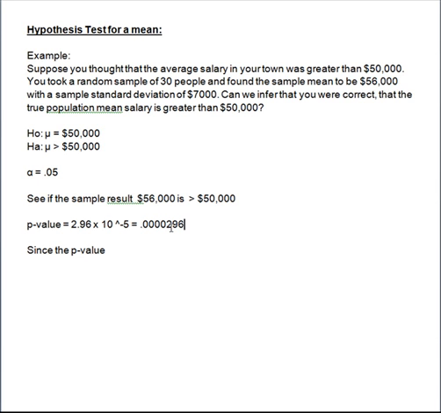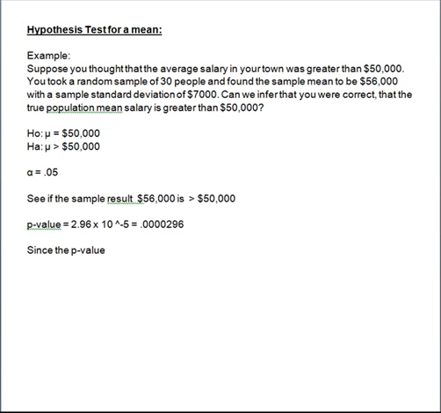We basically moved the decimal over five places. So that p-value is really small. The probability of getting this sample result, an x-bar of 56,000, if in fact the mean is 50,000, is really unlikely. So we can reject that assumption and infer the alternative.